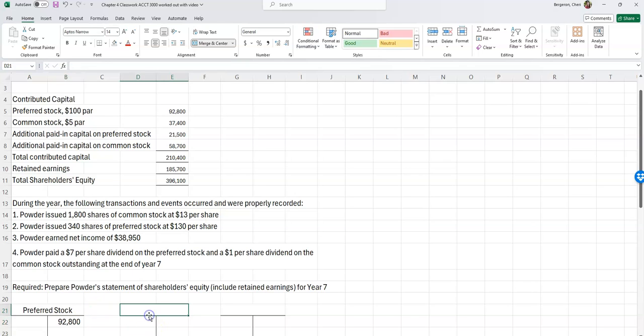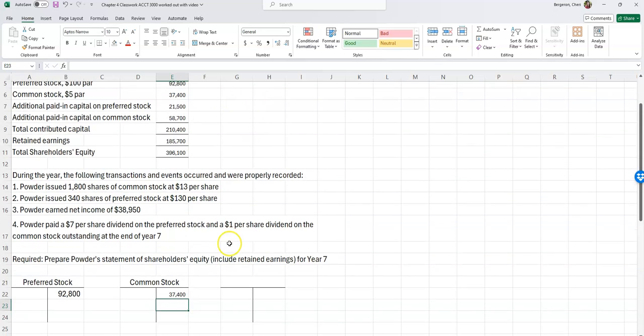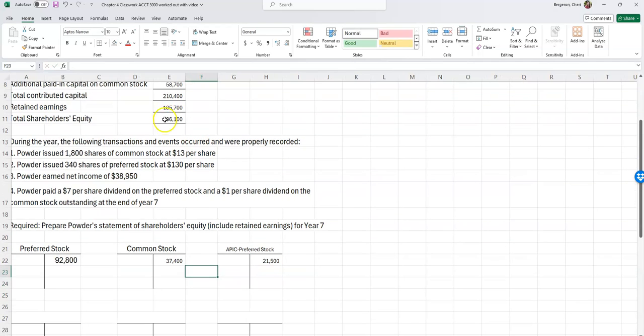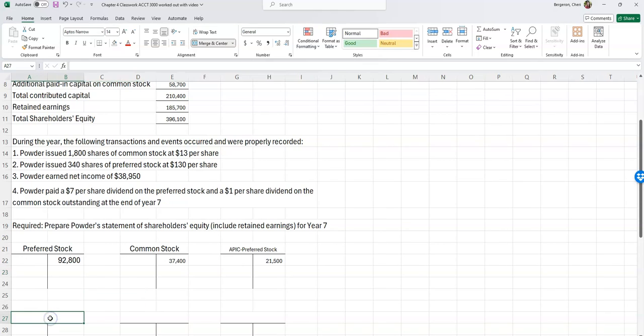And then I'll do the same thing for common stock. Again, it's still a capital account, so it has a normal credit balance. So it is $37,400. Additional paid-in capital on preferred stock, I'm going to do APIC preferred stock. It's still a capital account, so it still has a normal credit balance. Then I'll come over here and do additional paid-in capital for common stock.